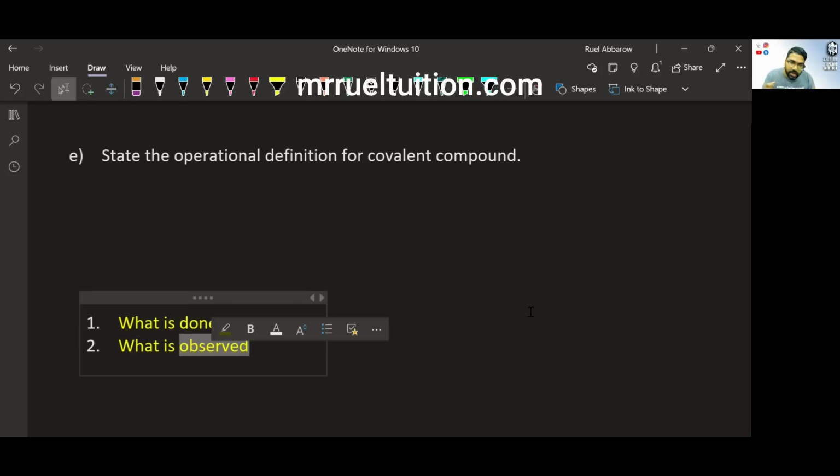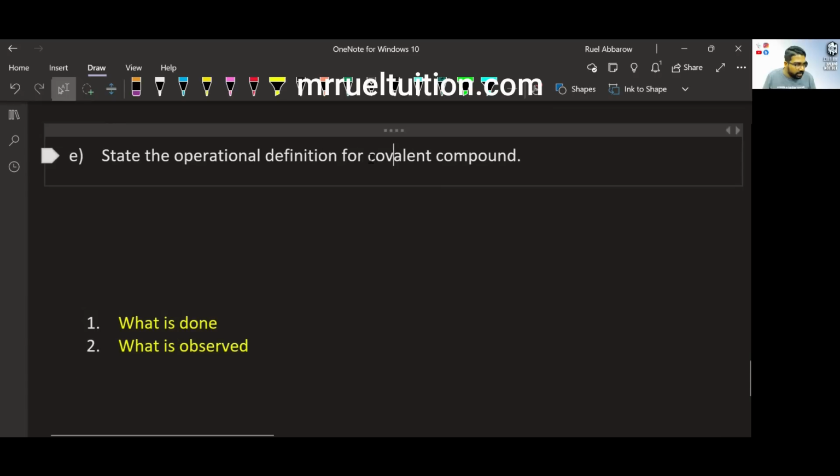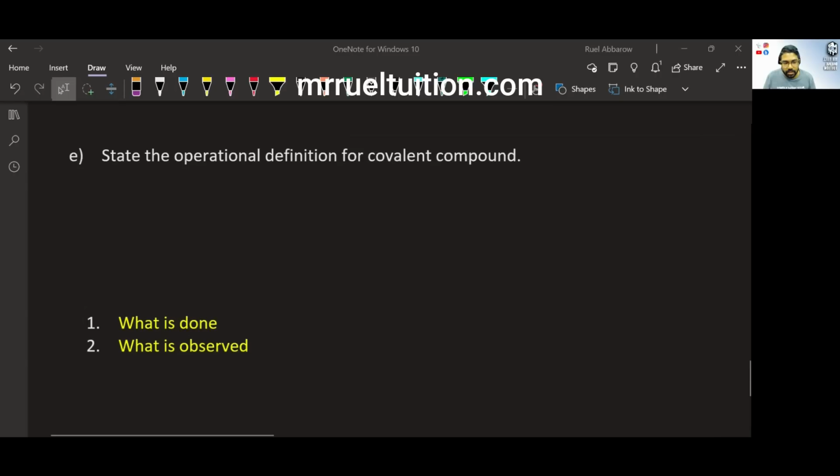So what data did we collect here? What did we observe? It was the solubility, isn't it? Since we are doing operational definition for the covalent compound, we only choose the covalent compound. So here, what is the observation for the covalent compound in our particular experiment?